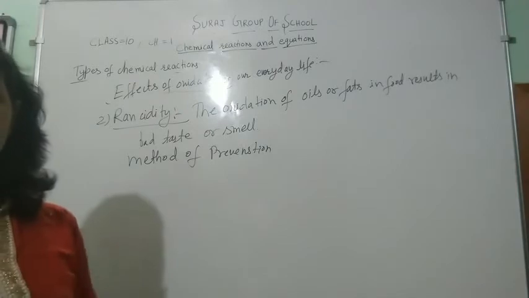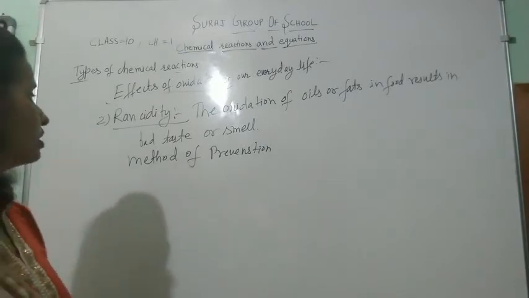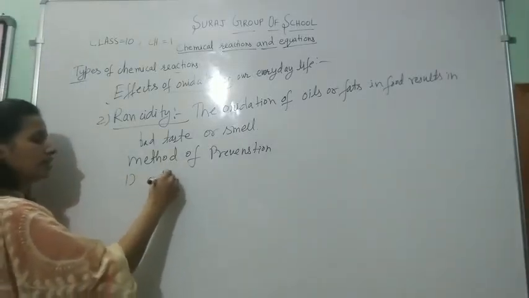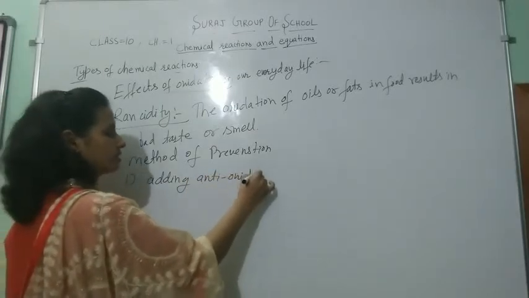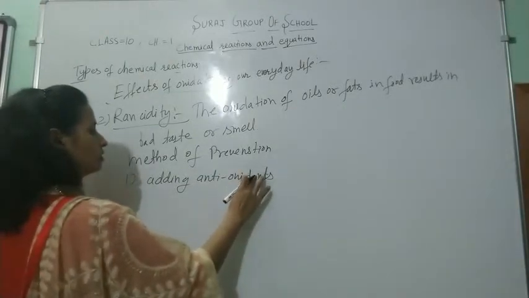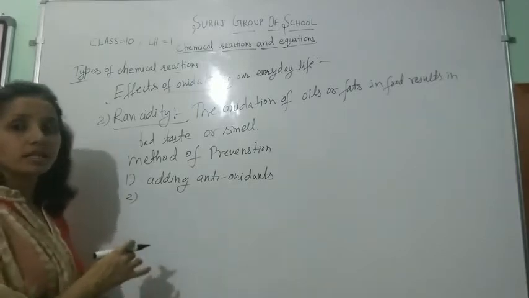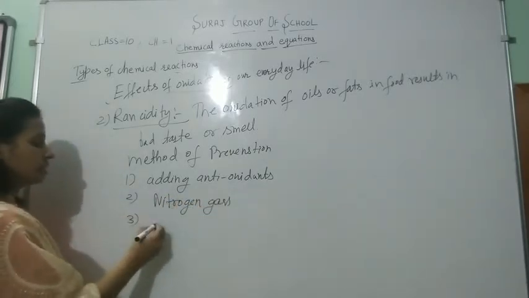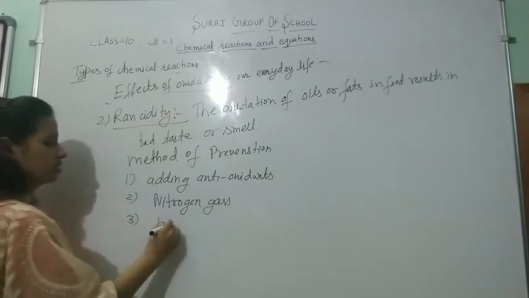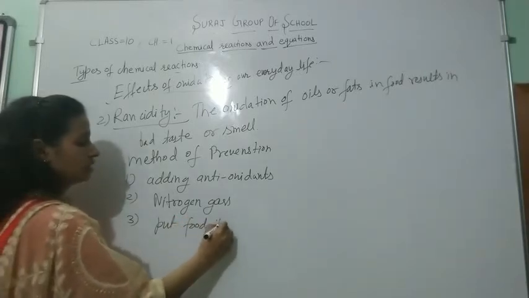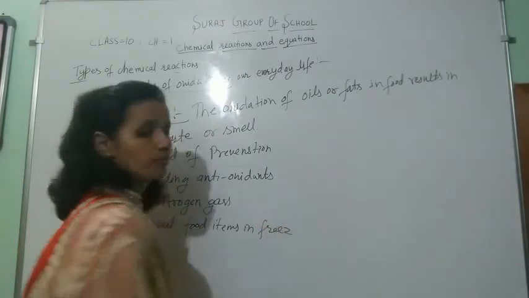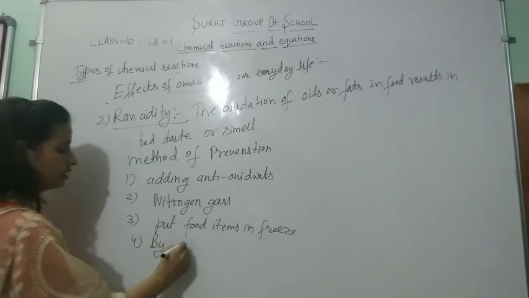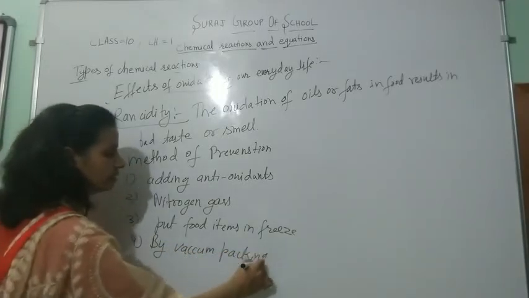The methods of prevention are: by adding antioxidants, by flushing nitrogen gas, refrigeration, putting food items in the freezer, and vacuum packing, removing air from the packets.